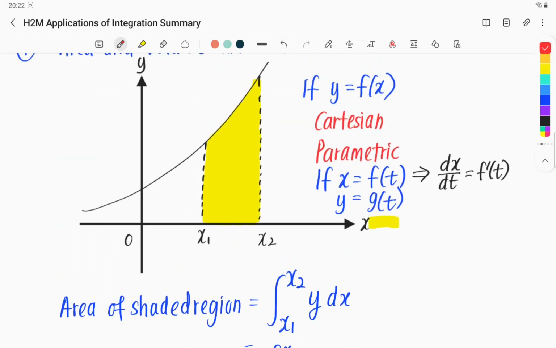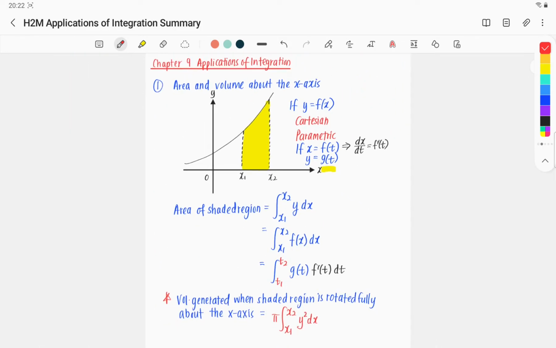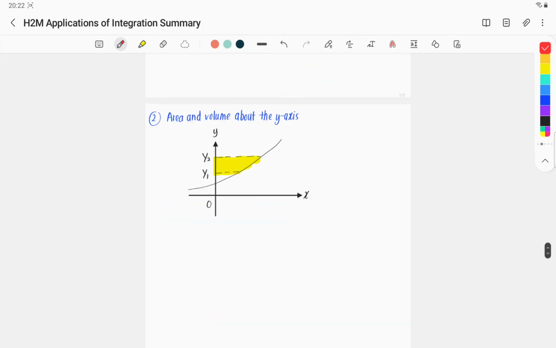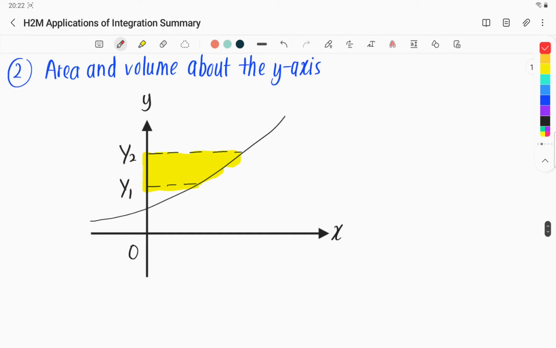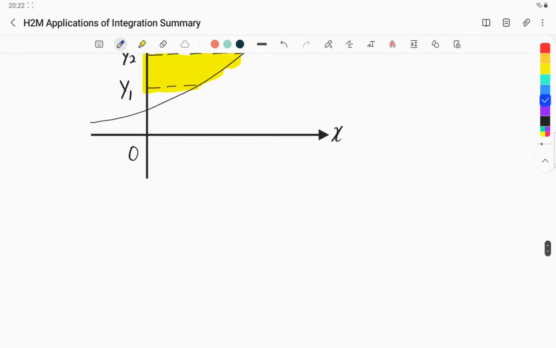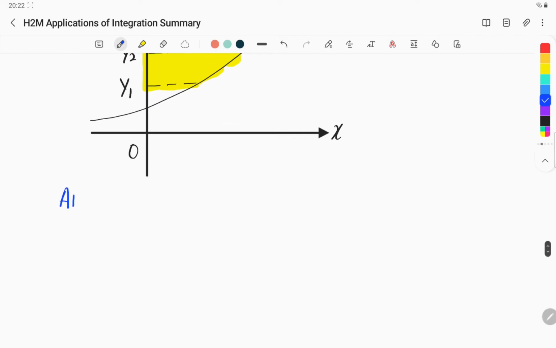Now that we have understood the concepts of area and volume about the x-axis, let us progress to area and volume about the y-axis. Again, I have a curve here and the shaded region is bounded by the curve and the y limits, y1 and y2. So again, let me reiterate what you have learned in secondary school.